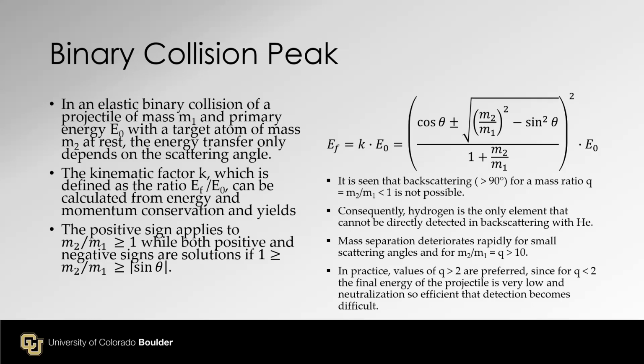In that sense, the smallest noble gas ion we can use is helium, and carbon can be detected, but lithium, in theory, yes, but the scattering phenomena is not very favorable for lighter elements. Okay, carbon, yes, oxygen, yes, nitrogen, yes, in theory, but not that easy to detect.